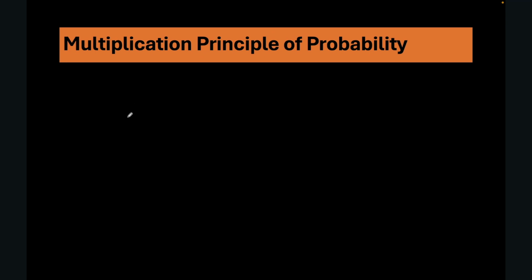So what does the multiplication principle of probability tell us? Well, that's just a fancy name, in my opinion. Simply, it's telling us that the probability of A and B is the same thing as the probability of A given B times the probability of B. If you notice, I've just changed the relation, the entire equation.